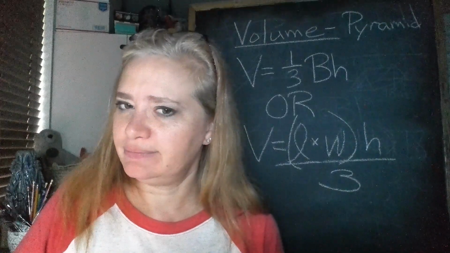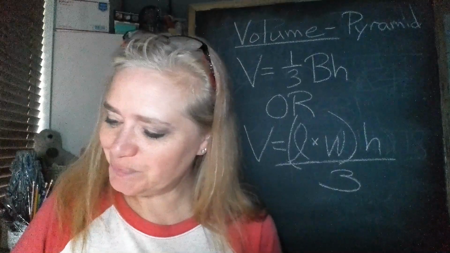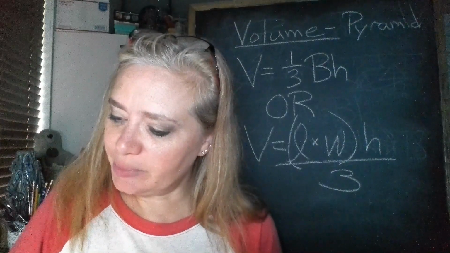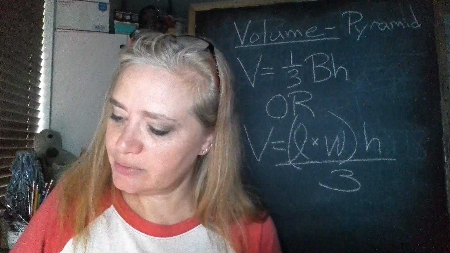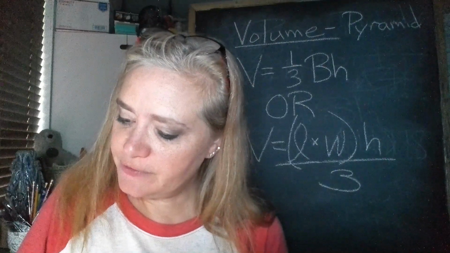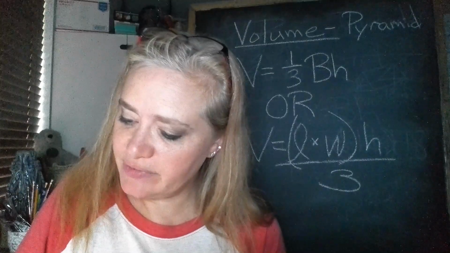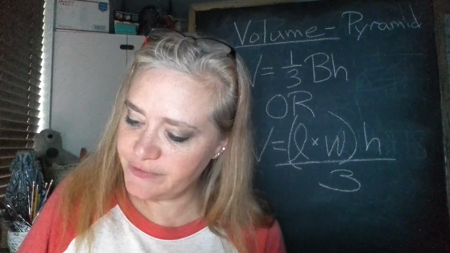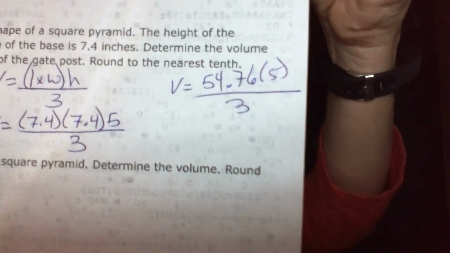All right, you double check me. Don't tell me if you're using a calculator. So I end up with 54.76 times 5, and then dividing the whole thing by 3.